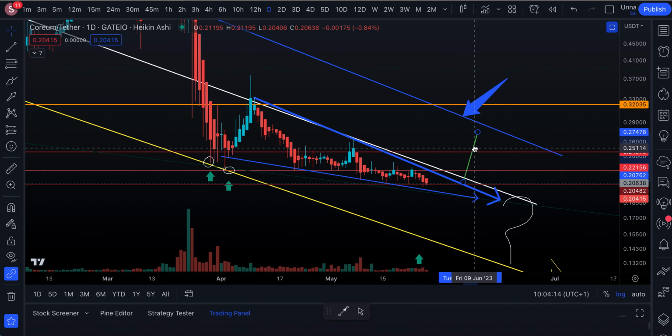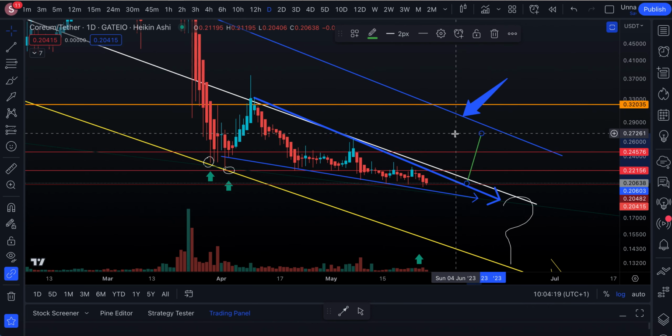If we was to drag it out a bit longer and break it here, that would bring us to about 27 cents, conservatively, basically to the downtrending blue resistance. That's what I'm seeing, my people.